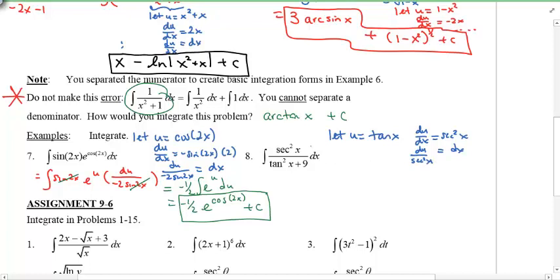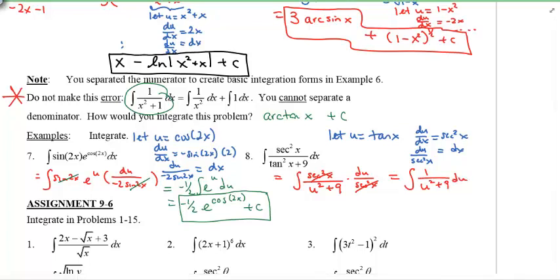So now let's see what happens when I make my u substitutions. Secant squared x is still on the top, but now it's u squared plus 9, and dx now just becomes du over secant squared x. Perfect, because that simplifies to 1 over u squared plus 9 with the du.